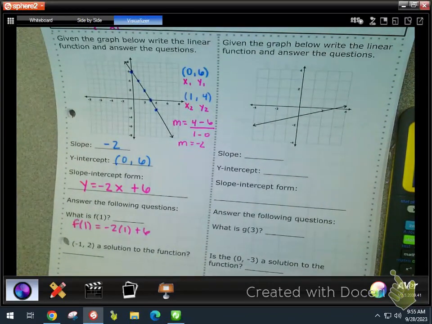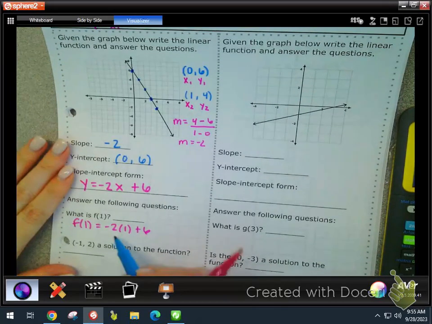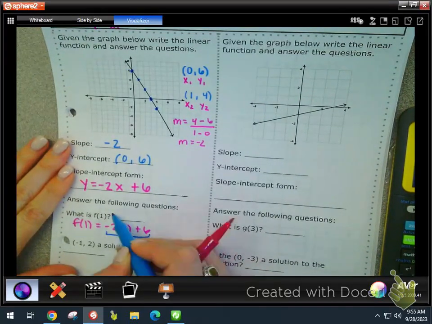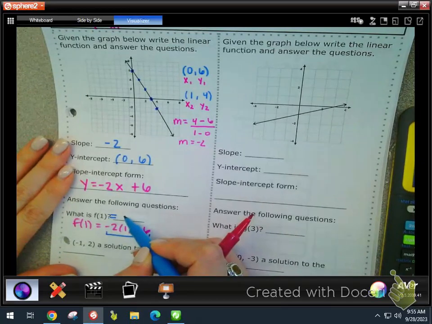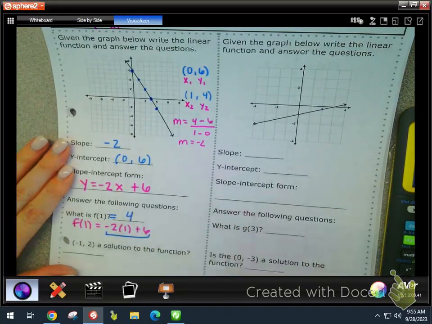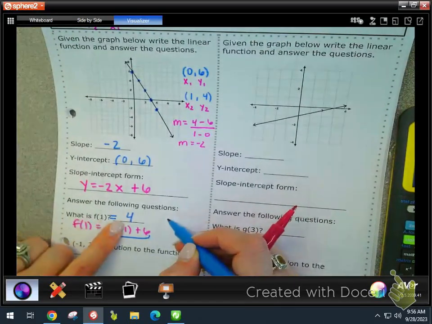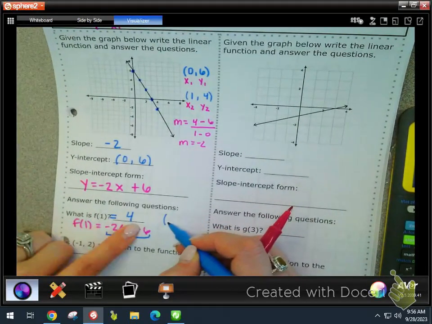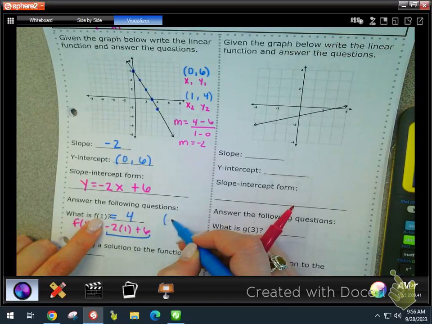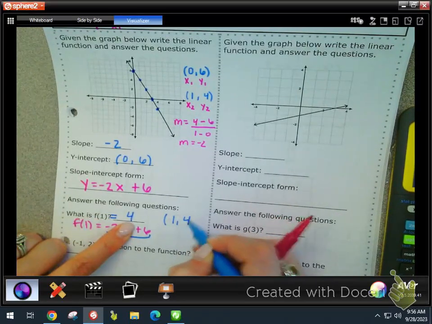What do you mean what? I'm so lost. Okay. I got you. I know what that is. Let me look. All right, what is f of 1 equal to? 4. Okay, what ordered pair is that giving you? f of 1 equals 4. What ordered pair is that? 1, 4.